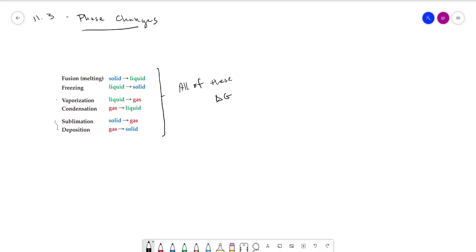Even though we're not talking about changes in bonds per se within a molecule, intramolecular, we're still talking about the changes in energies by the changes in intermolecular forces between one state to another state, whether that's solid to liquid, liquid to solid, liquid to gas, etc. So we need to think about these delta G's, and we need to invoke what we've already learned in accounting for different energies to be able to now include these physical states of change in our accounting process.